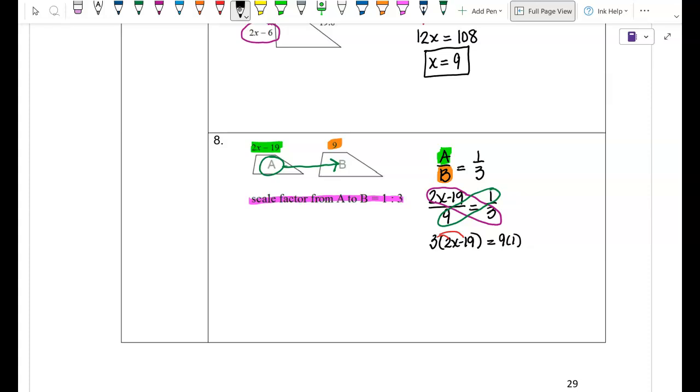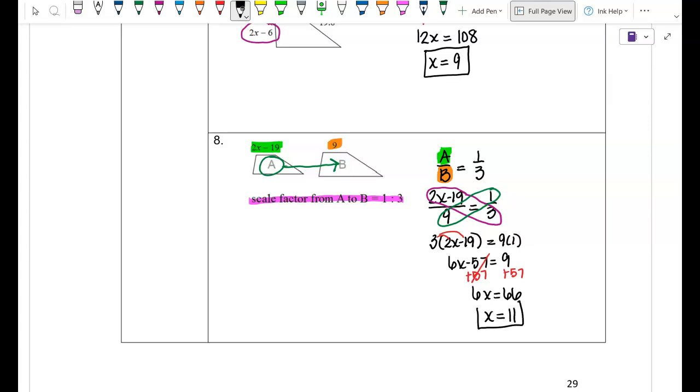So I get 6x minus 57 equals 9. If I add 57 to both sides, I get 6x equals 66. And if I divide both sides by 6, what does x equal?